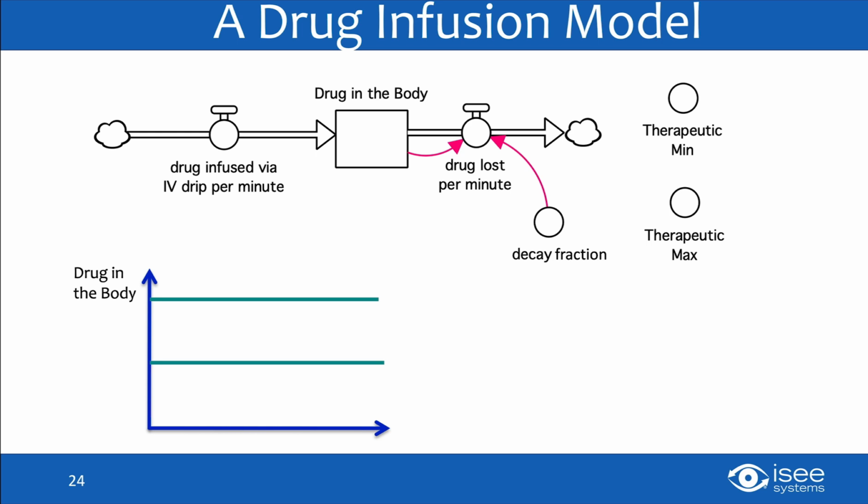I next mention that most medicines must be kept within a therapeutic range to be effective. So I add 2 additional converters on the board, one for therapeutic minimum and one for therapeutic maximum. And I add 2 horizontal lines on the graph pad on the board.